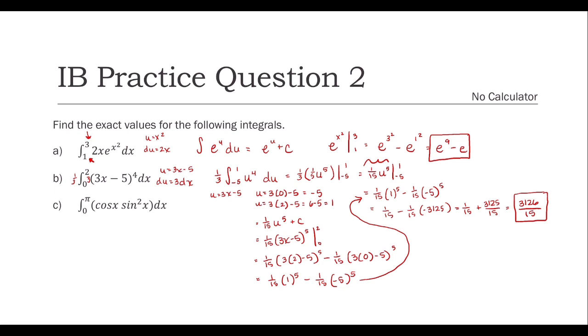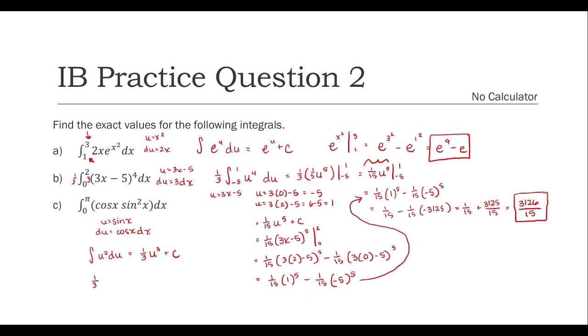So finally, we have part C, which is the integral from 0 to pi of cosine of x times sine squared of x dx. So our u will be sine of x, so du equals cosine of x dx. So we'll have the integral of u squared du, which equals 1/3 u cubed plus c. Then we can go ahead and plug in our sine of x for u.